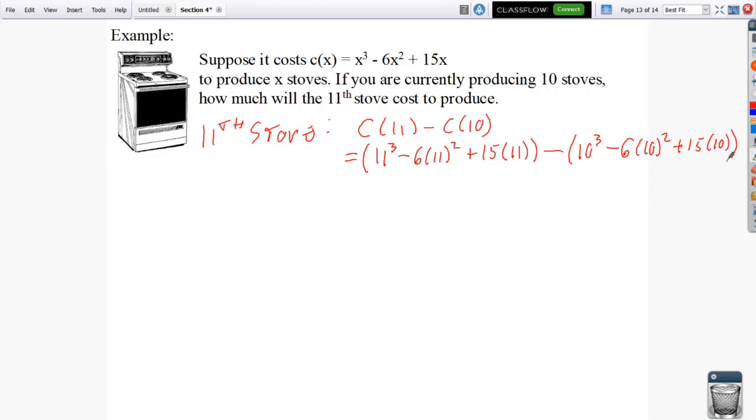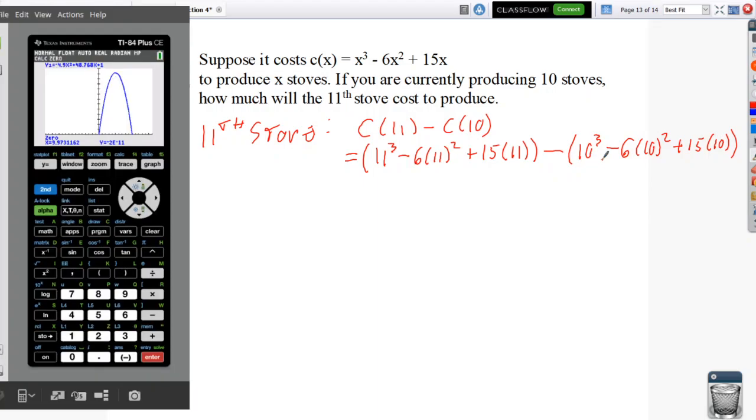Okay, that's going to get really annoying to do, especially if I have to do this multiple times at different values. And I even chose a friendly number. 10 stoves is extremely friendly to do here. So just to drive that home, again, this is extremely painful for me to do.